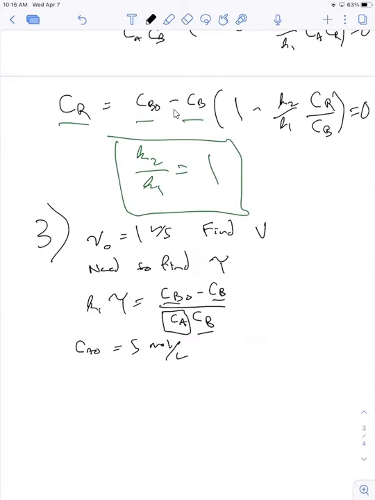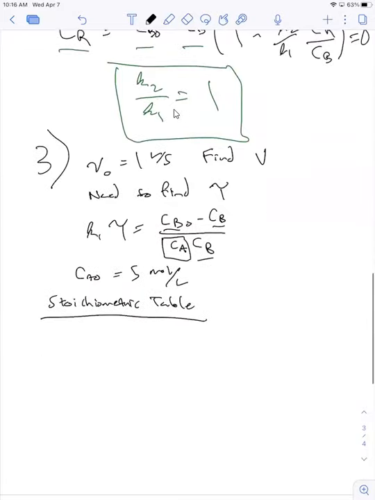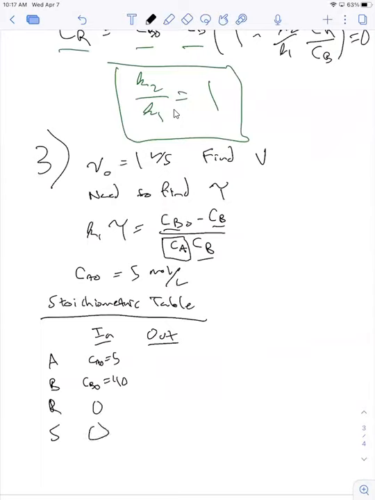So basically, we can make a stoichiometric table. We have in, out, for our A, B, R, and S. So we have CA 0 equals 5, CB 0 equals 40, CR 0 and CS 0 equal 0.